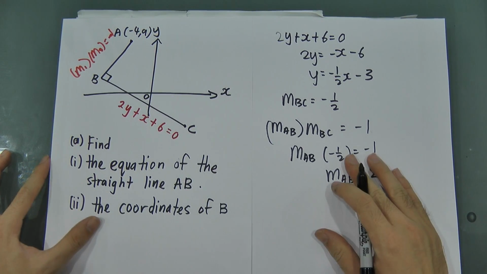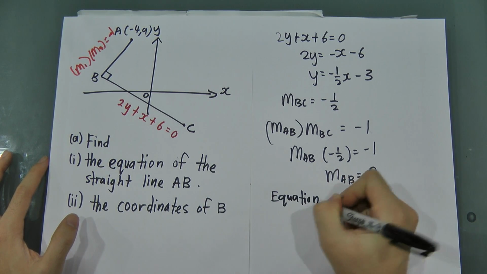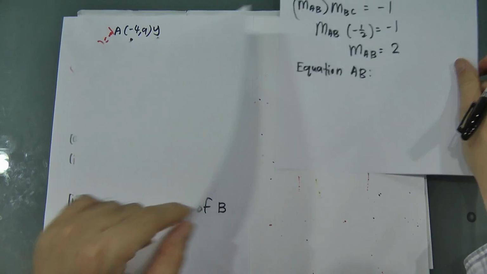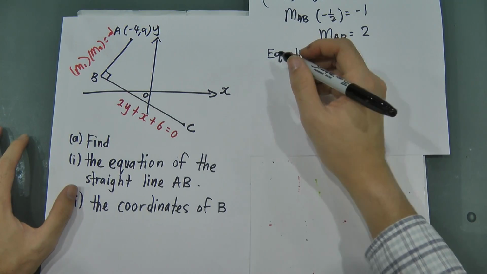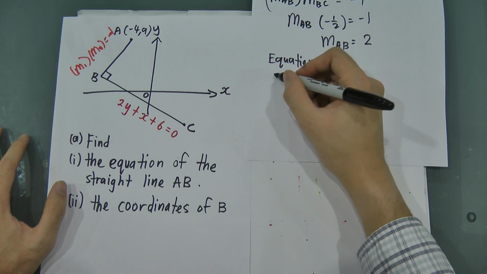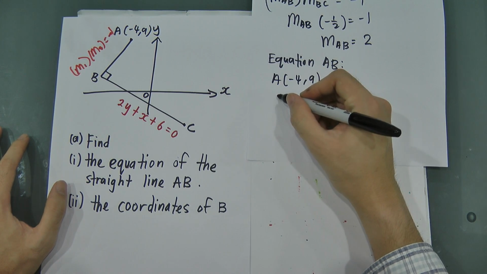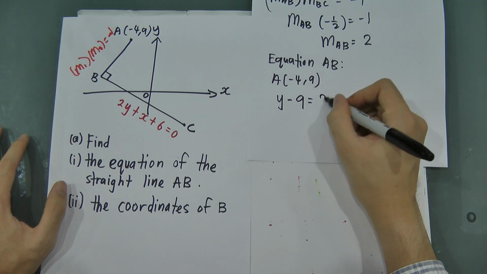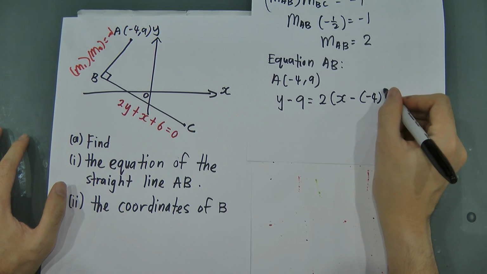In order to find the equation of AB, I'm going to use this formula. Coordinate A is (-4, 9), so I substitute into the formula: y minus y1, which is 9, equals m, which is 2, times the bracket x minus x1, which is -4.